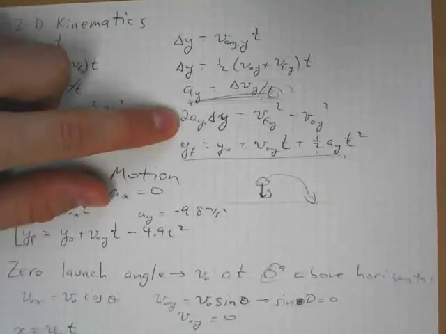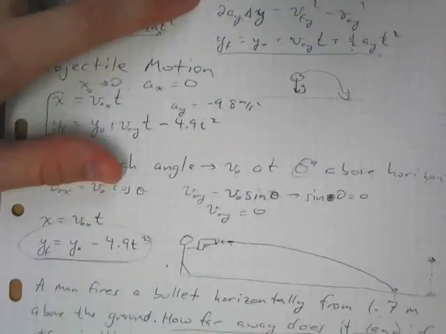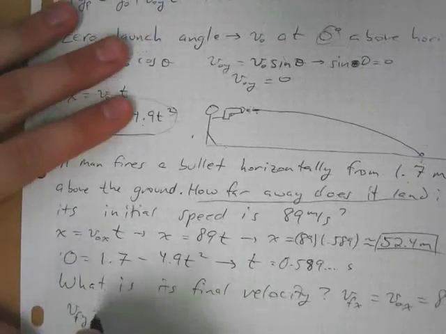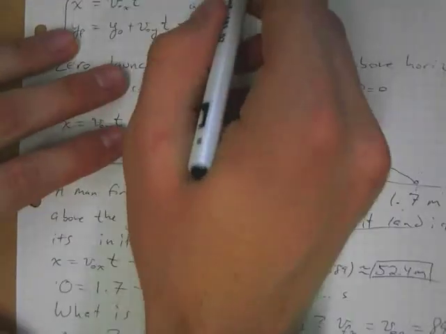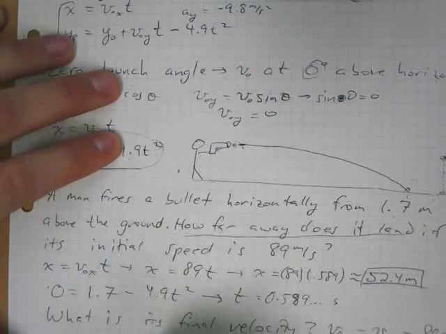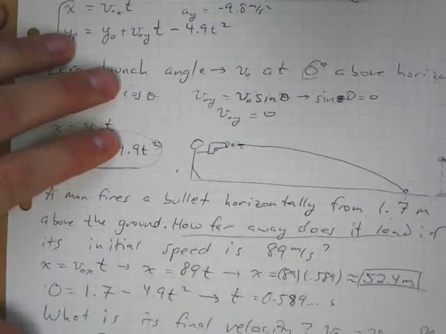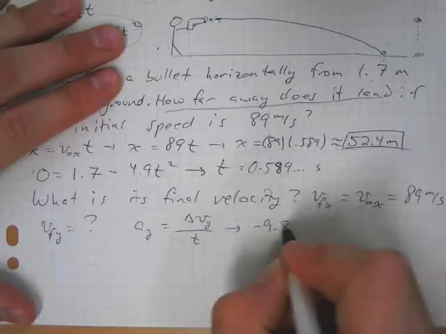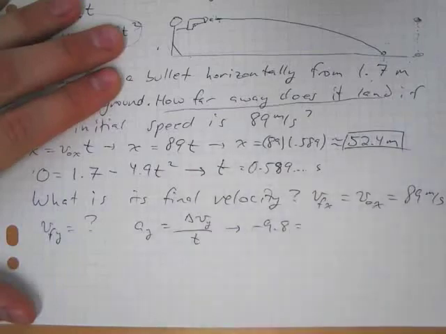I'm going to go ahead and just use the acceleration in the y direction equals delta v sub y over t. And we know our acceleration in the y direction is minus 9.8. Make sure you keep that sign in there. Use consistent signs whenever we're solving one of these problems. Our final velocity in the y direction is what we're trying to figure out.